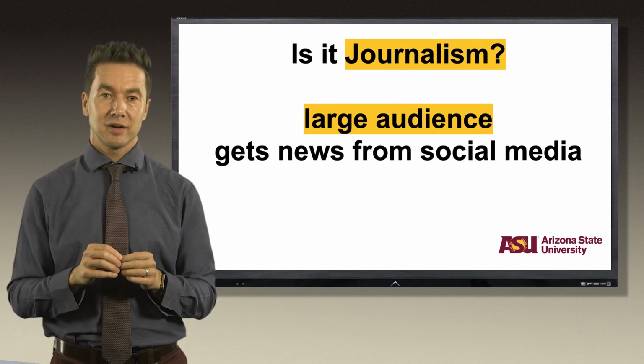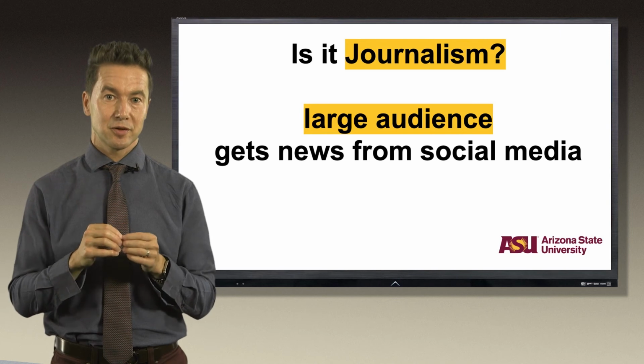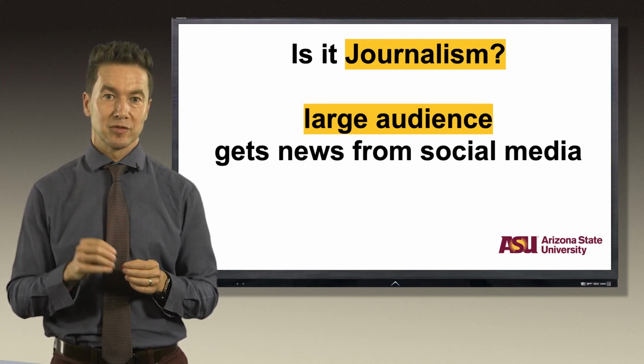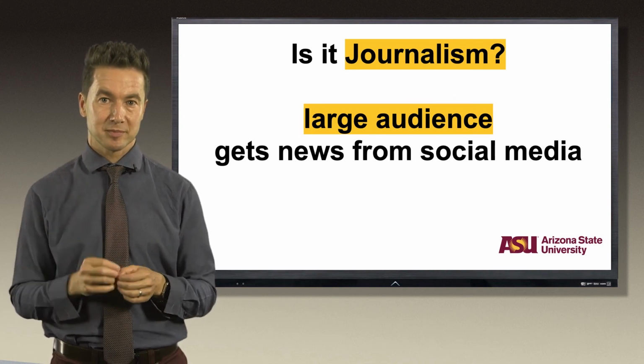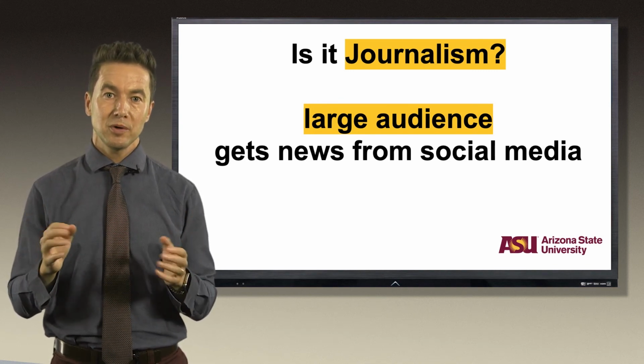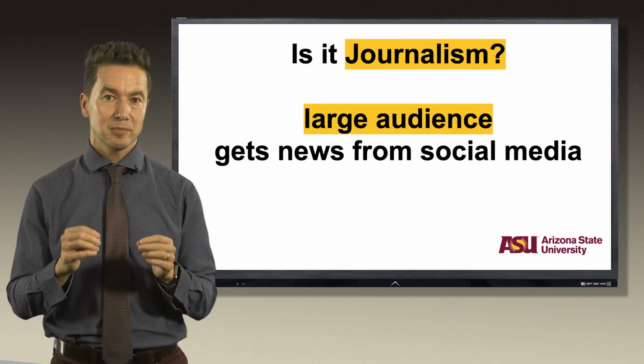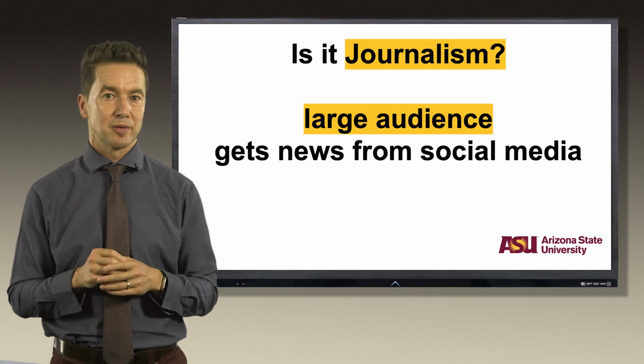However, a large and growing audience get their news and information from social networks in the form of memes, GIFs, and snaps. They have become important as a media form. We will talk about some of the problems this can create in a later video.